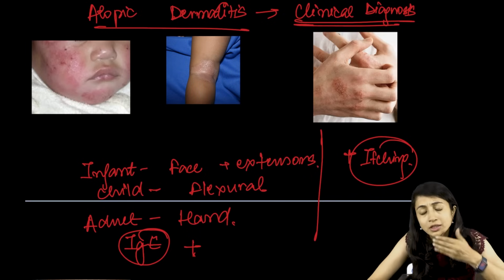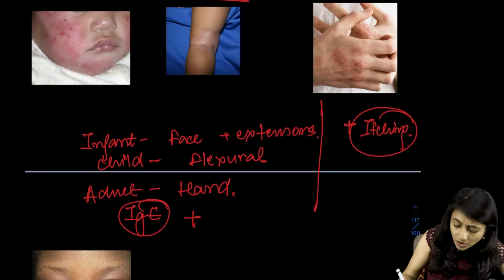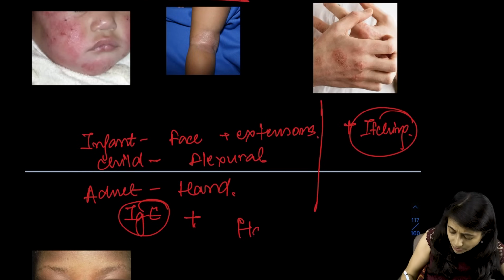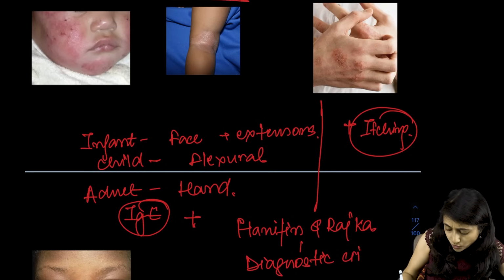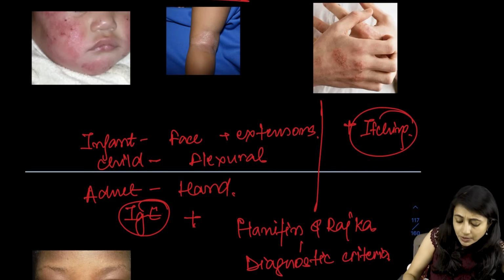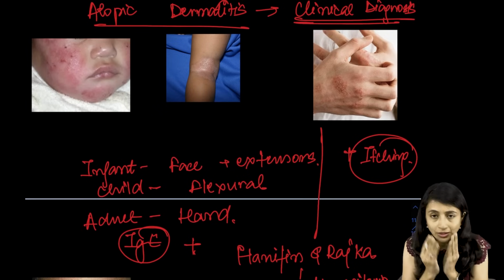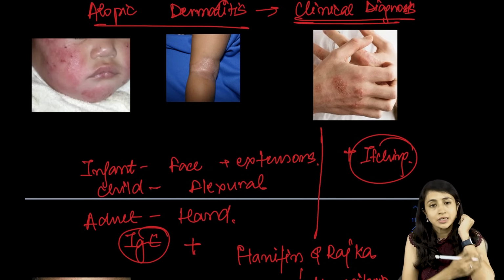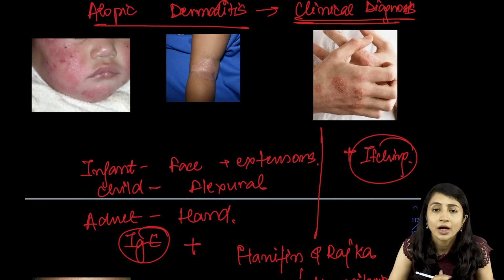IgE may be positive, but it is typically a clinical diagnosis, and there are diagnostic criteria given by Hanifin and Rajka. This name is also important. The child will typically present with recurrent facial dermatitis. An infant will present with extensor involvement and face, a child with flexures, and an adult with hand dermatitis.